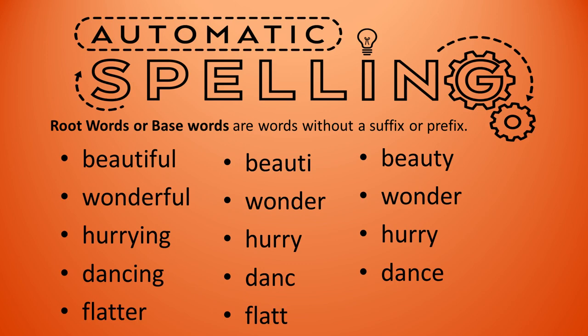The reason that there's two T's in flatter is because of the 1-1-1 rule. Remember we said if a word is one syllable, it ends with one vowel and then one consonant, and we add a vowel suffix, we double the consonant. So that's what happened, but we need to take that double T off. So these are what they should look like in the right hand column.